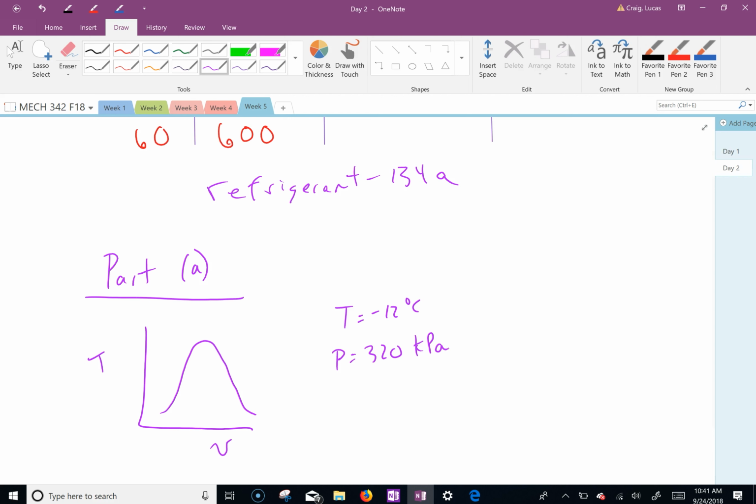And what do we need to do? Go in the book. What are we going to look up? Yeah, we have to look up refrigerant.